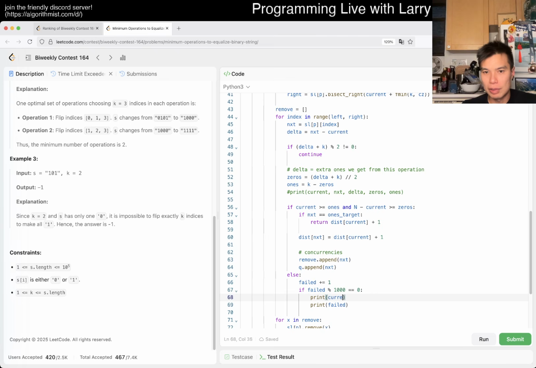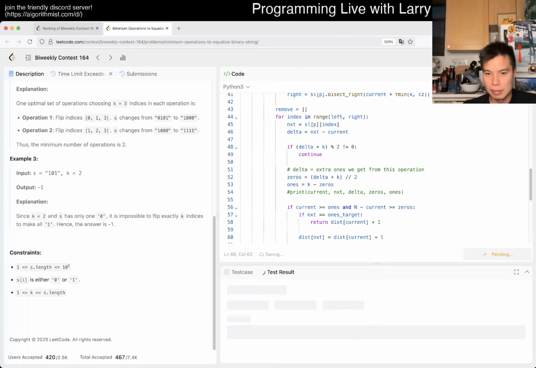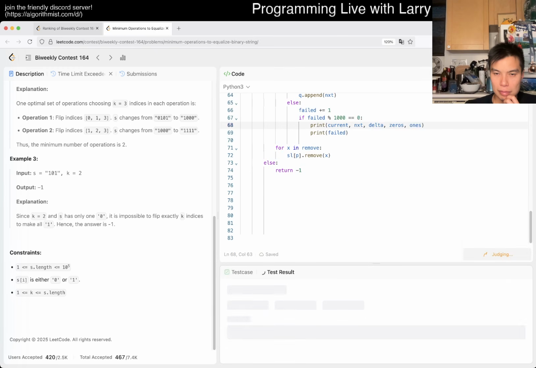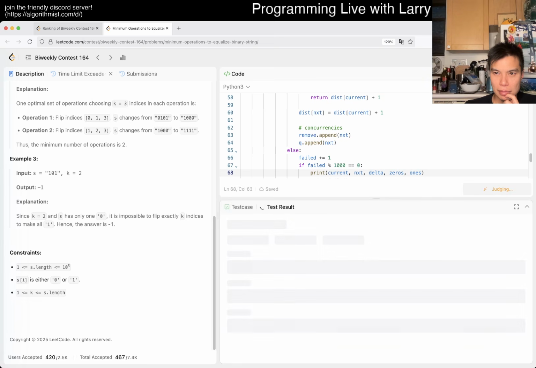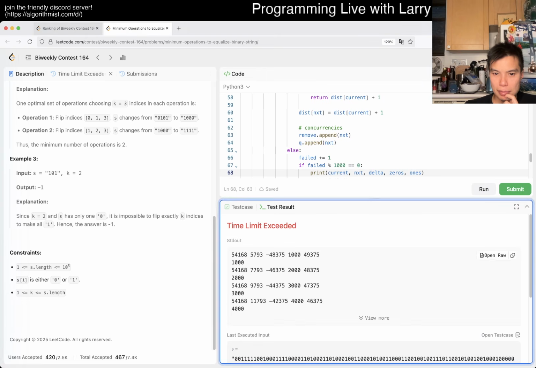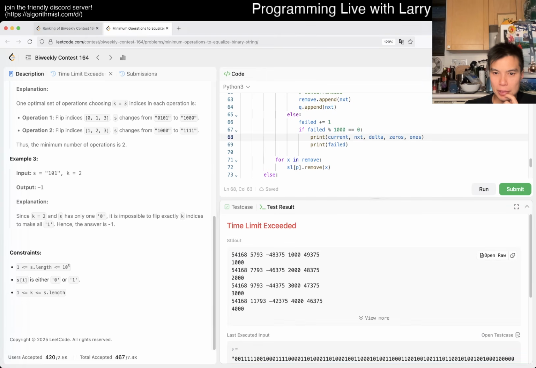Let's say current, next, delta, zeros, ones, I guess. Okay, so you have a big delta, you have a lot of zeros, you have a lot of ones.